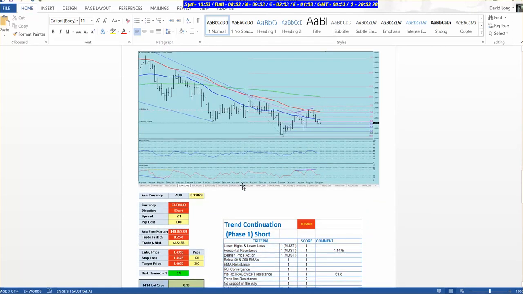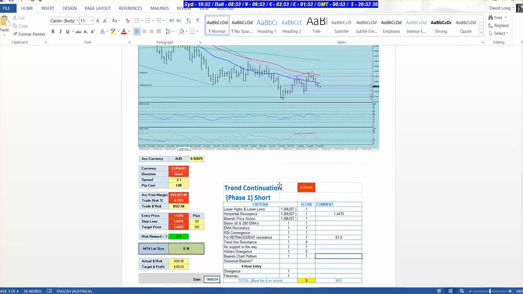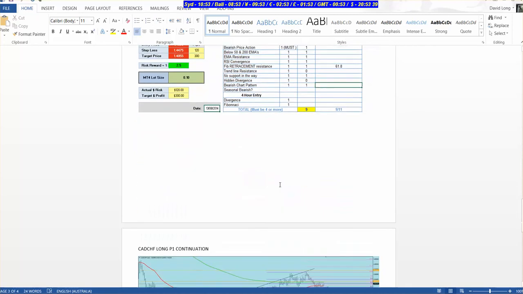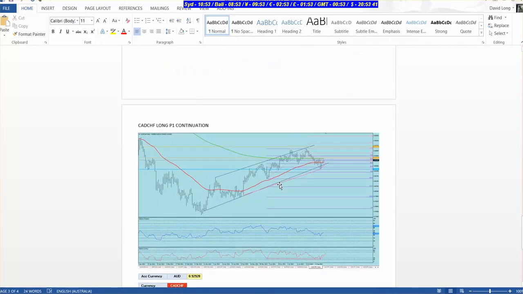Euro Aussie trend continuation. So you went in under this one here yesterday. CAD Swiss, well that's the Euro CAD one, or similar.